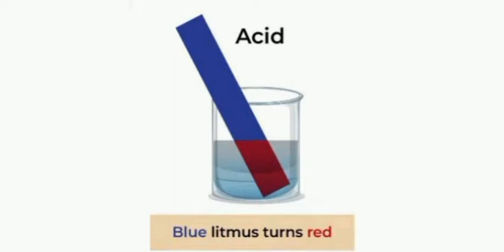So when you have a blue litmus paper and you dampen it, you wet it with water, and you now dip it in an acidic solution, or you expose it to an acidic gas, that blue litmus paper is going to turn red. So that tells us that that substance is an acid.